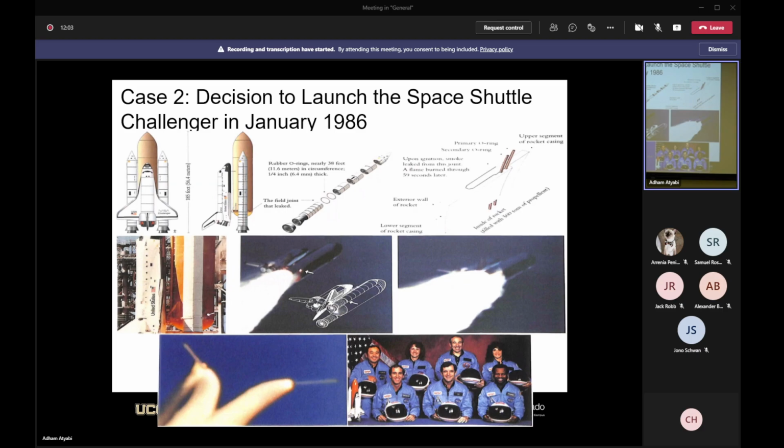Then 79 seconds after ignition, when the Challenger was around 6 months old, a flicker of flame emerged from the leaky joint. Within seconds, the flame grew and engulfed the fuel tank, which basically contained liquid hydrogen and liquid oxygen. That tank ruptured and exploded and basically destroyed the shuttle.